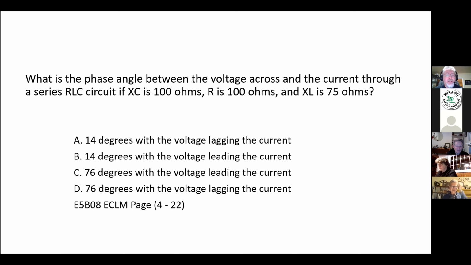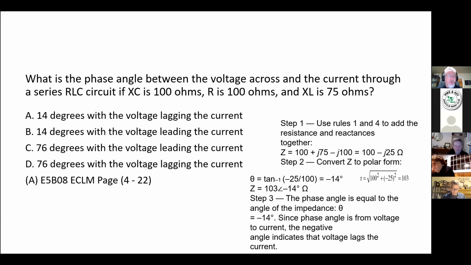B, 14 degrees with the voltage leading the current. C, 76 degrees with the voltage leading the current. Or D, 76 degrees with the voltage lagging the current. This one is Alpha, and there are the big long steps, or you can grab the answer from Daniel's sheet.